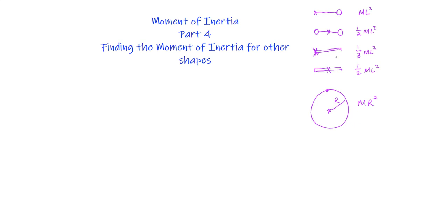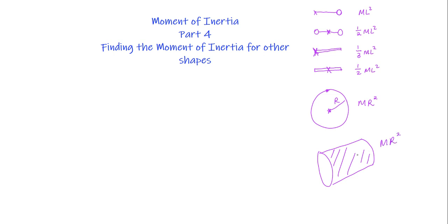Notice how if the dimension changes, if we now say instead of a ring, I'm going to do a cylindrical shell where all the mass is located at the very edge of this, it's going to change just a little bit because we have more mass possible, I guess you would say. So that's the change. But the equation is still going to be the same thing because it's all mass located at the same distance r.